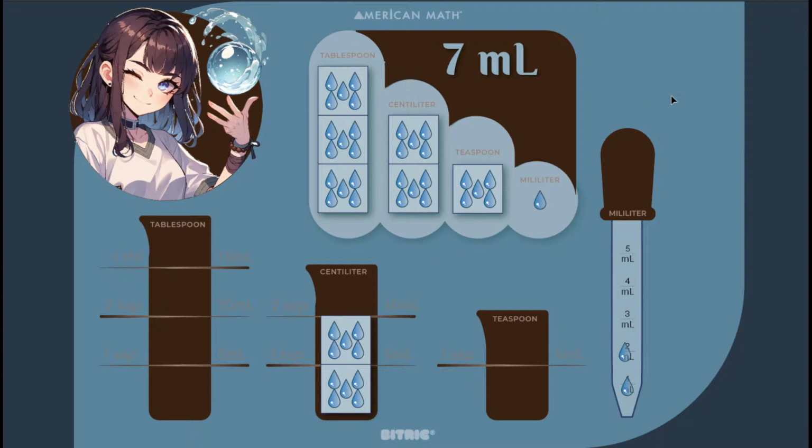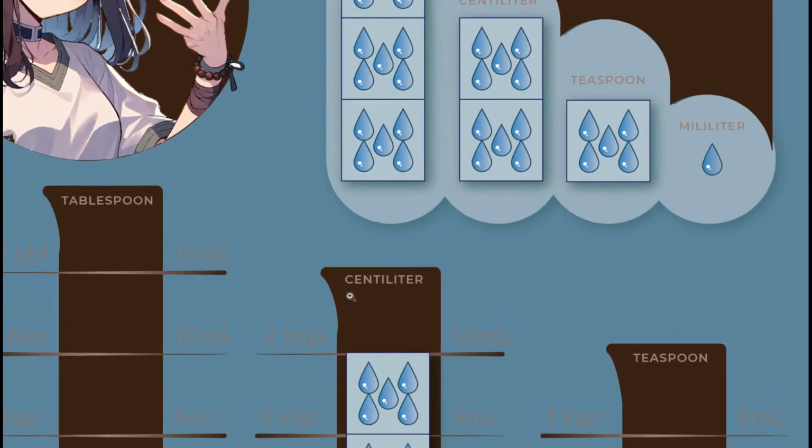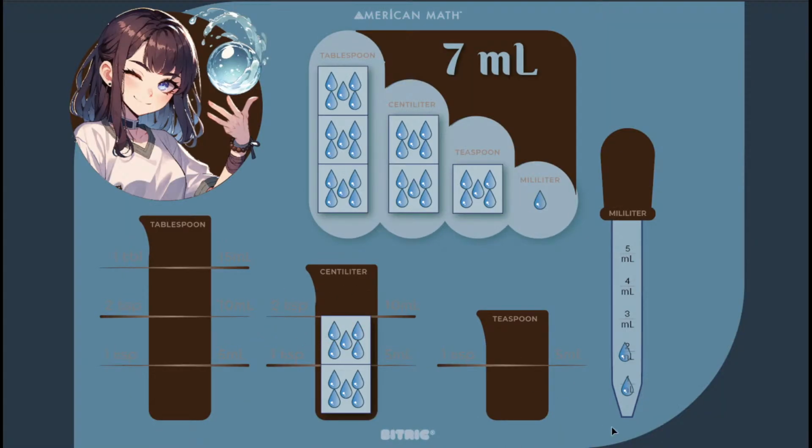Did we do 7 earlier? I think we did 9. Yeah, we did. So let me clear our play space. Okay. So I'm going to give everyone at home a little second to go ahead and do 7 milliliters. Go ahead and pause the video or the stream so you can get started with that.